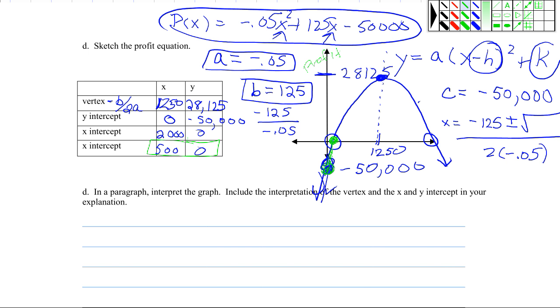Then, after you start making and selling more than 500, you do have a positive profit. Your profit will keep increasing until you've gotten to the point where you are making and selling 1,250 shirts.